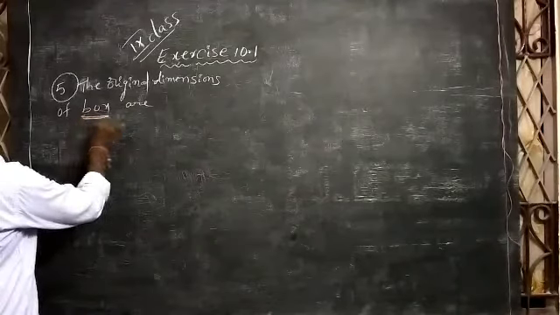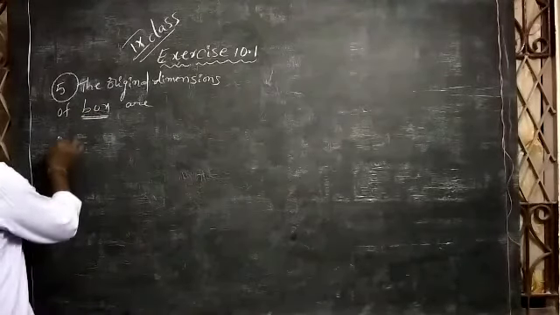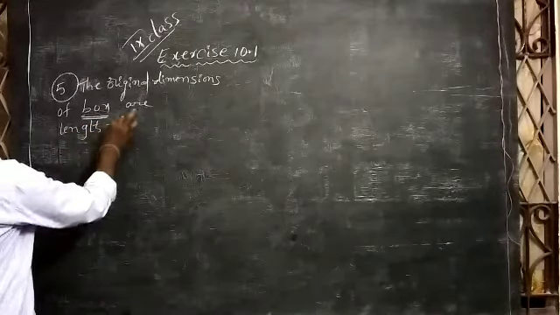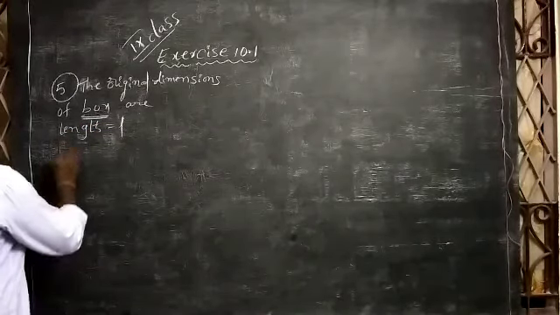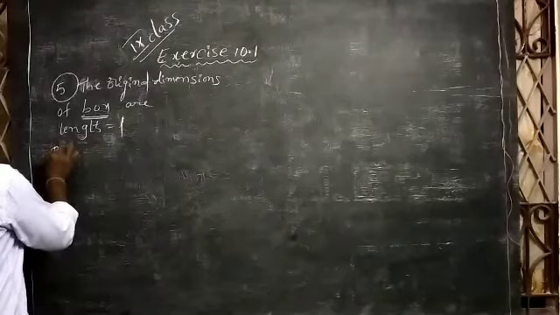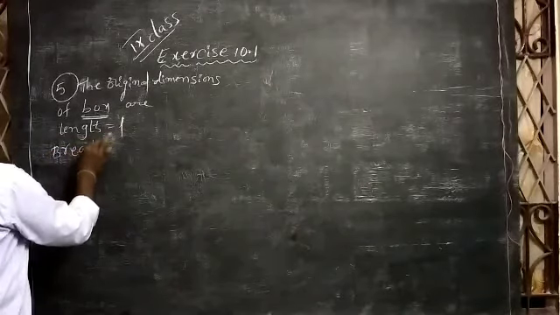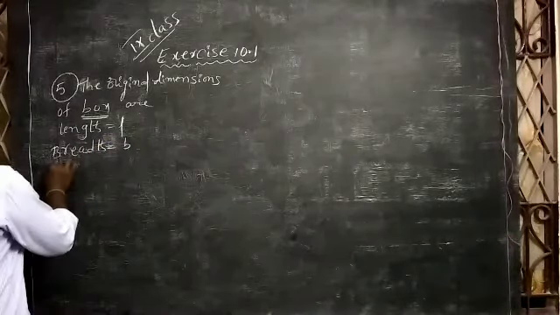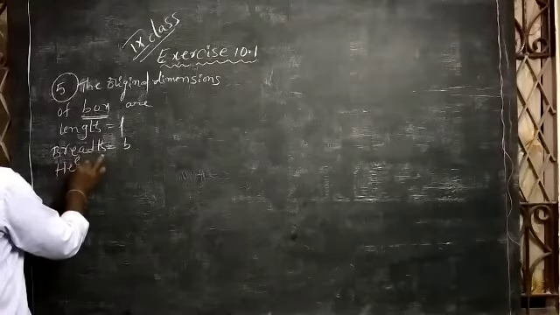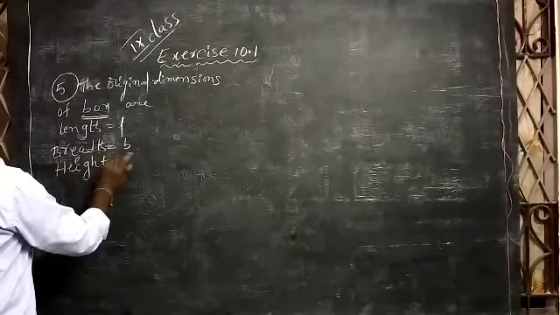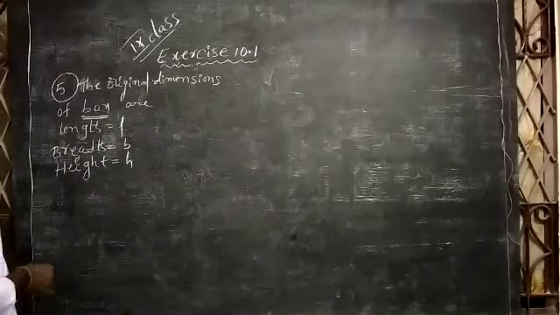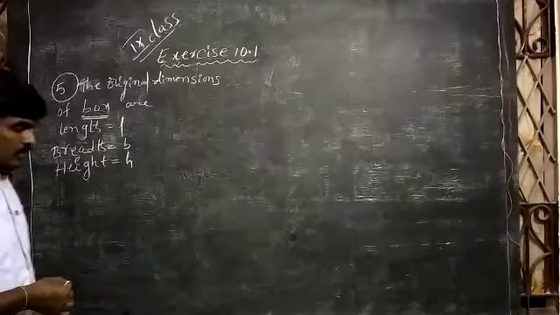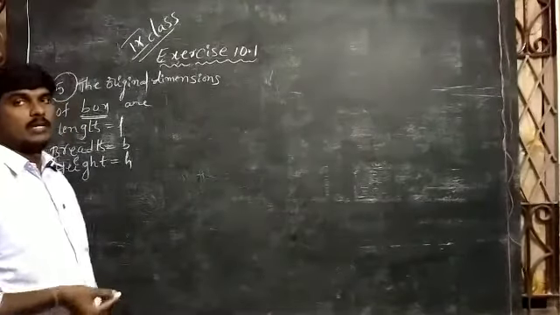A box we can generally consider as a cuboid shape. Let the original dimensions of the box, which means cuboid, be: length is equal to L, already you know about that, breadth is equal to B, and the third one, height is equal to H. These are the original dimensions of the cuboid, right?